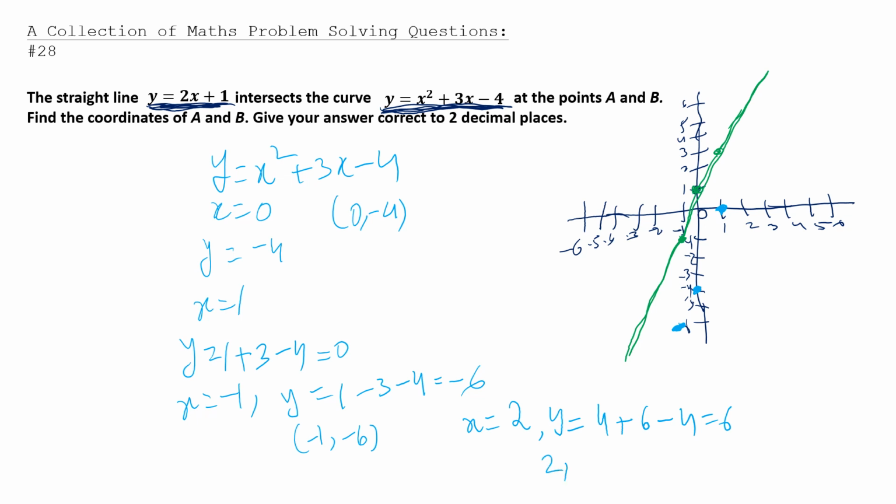So my other point is 2, 6, and it would be here. So that's probably where it's going to cut the line. It's like it's going this way.